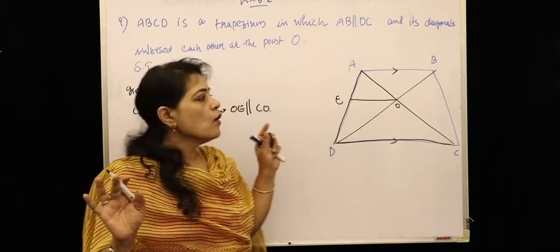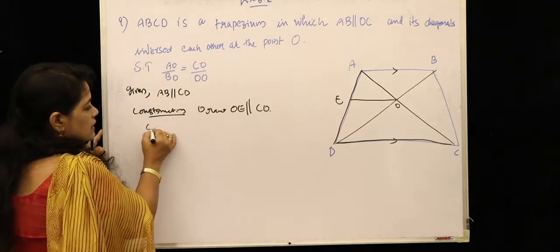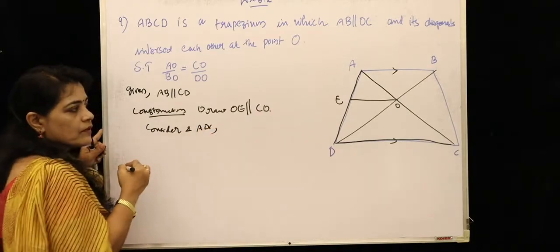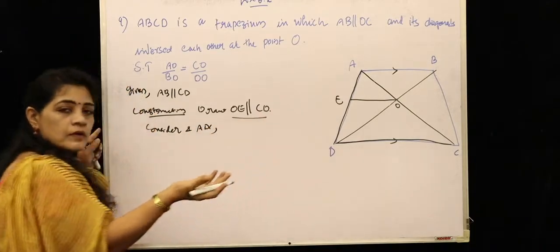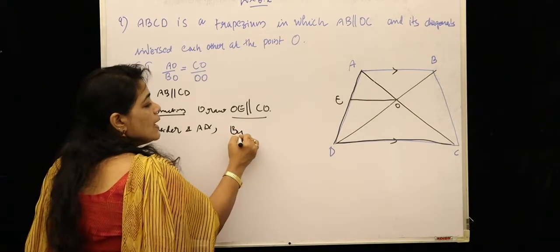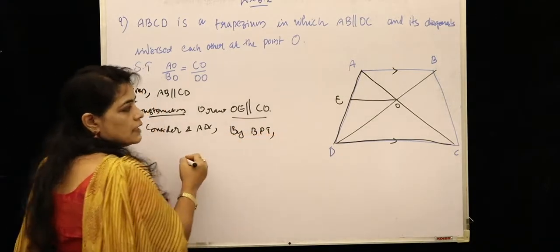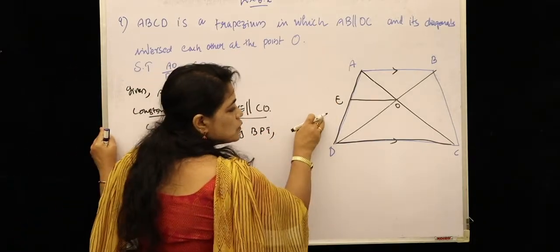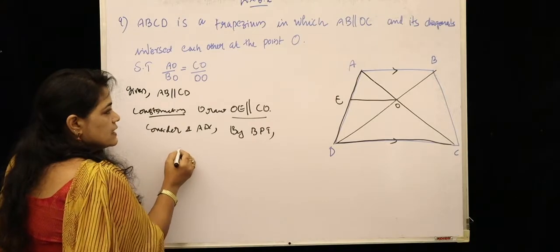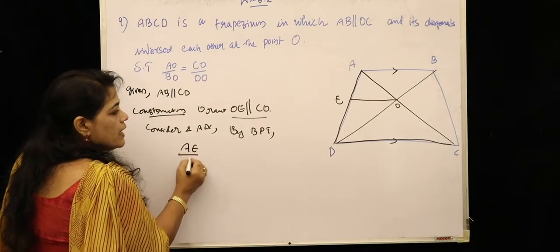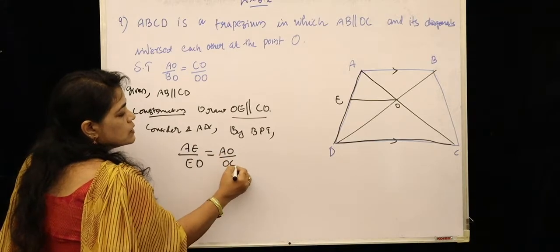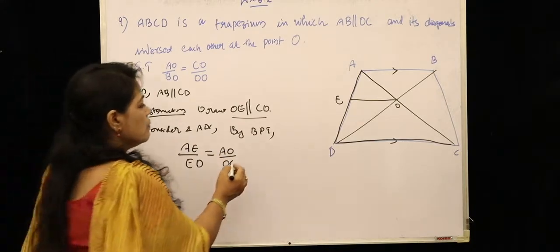Is it clear? Consider triangle ADC. Since OE is parallel to CD by construction, by the basic proportionality theorem, the other two sides AD and AC of triangle ADC give AE by ED equal to AO by OC. This is equation number 1.